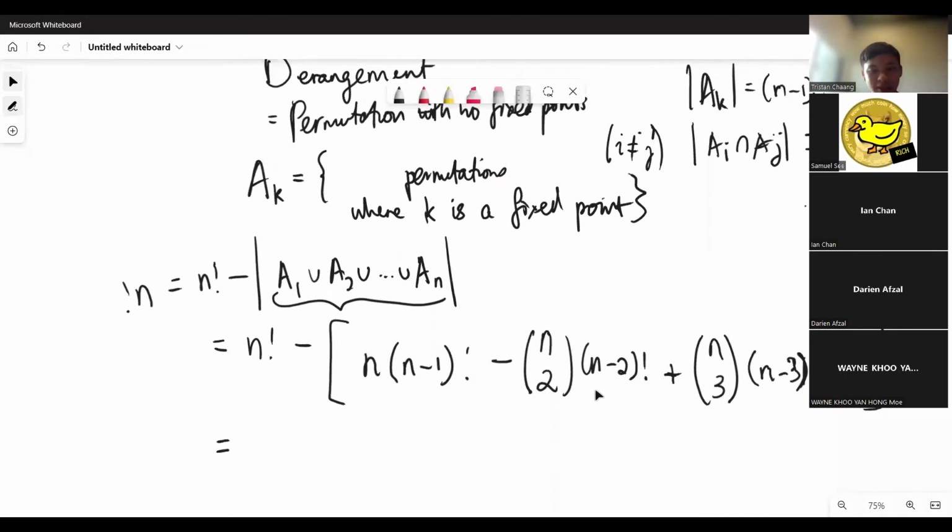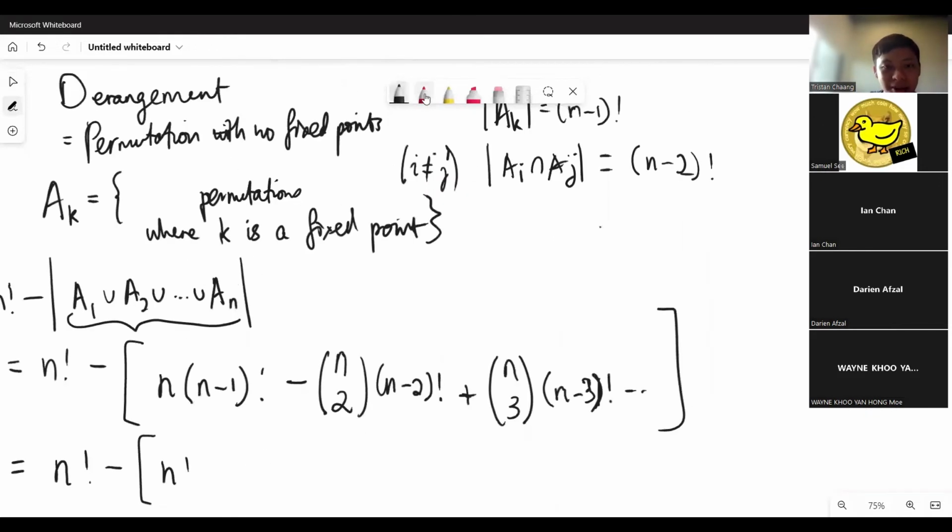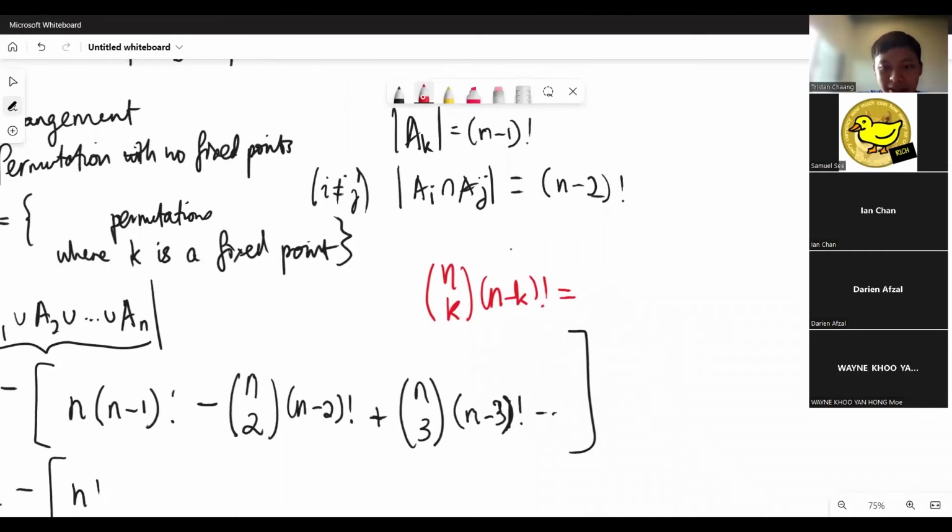But let's see, this thing I think we can simplify by a whole lot. In fact, let's look at the general term. The general term is n choose k, and then n minus k factorial. But remember what n choose k is. It's just n factorial over k factorial times n minus k factorial. So we cancel that.